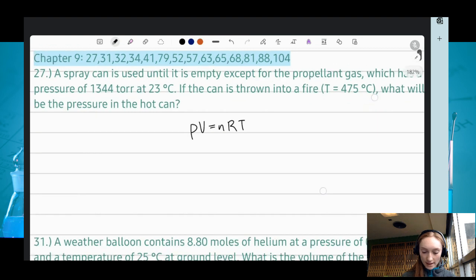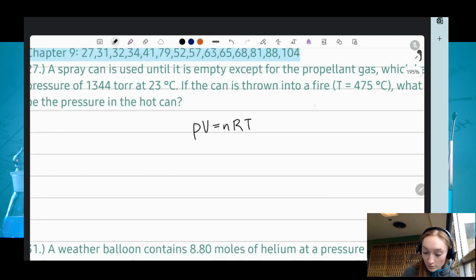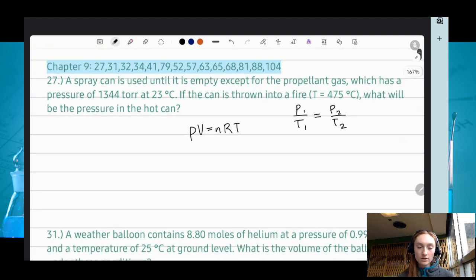So what that looks like is, if it's pressure and temperature, to get temperature to the other side, you would have to divide by it. So it's going to be P1 over T1 equals P2 over T2. So that's what that looks like when comparing two things that are changing.